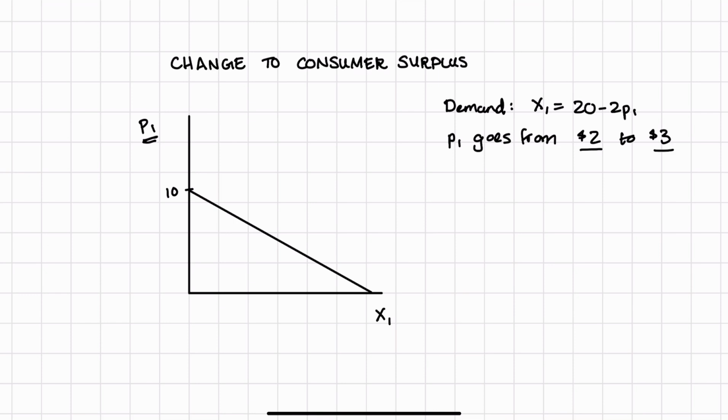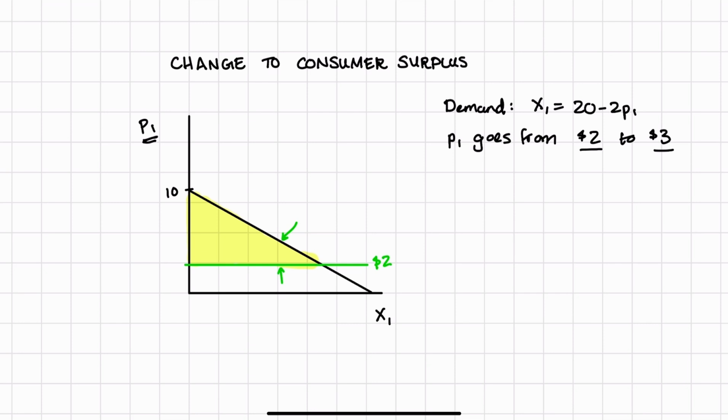So if P1 is $2, somewhere like that, then we can visualize the consumer surplus as being, we learned, the area under the demand curve and above the price, because this represents the maximum willingness to pay, and this represents the amount that the consumer actually had to pay.